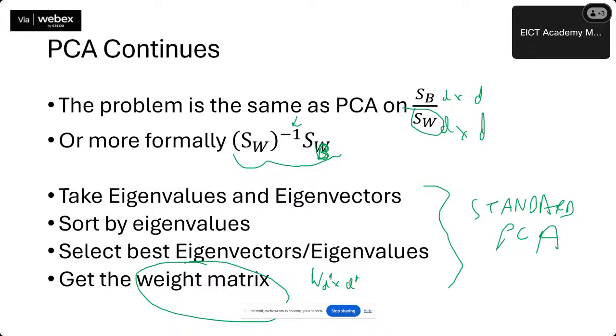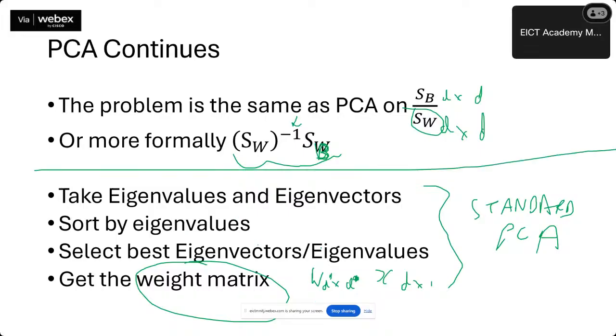My apologies, D dash cross D. So if I apply any data which is D cross 1, I get a D dash cross 1 vector, which is the projected data. So this is something that you have already looked at from the PCA side of view.